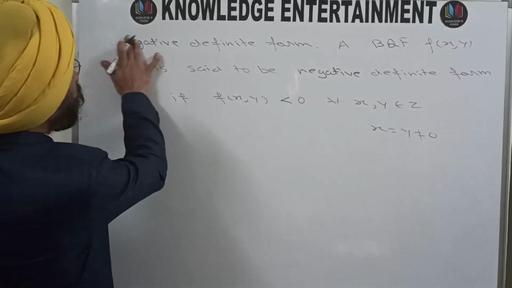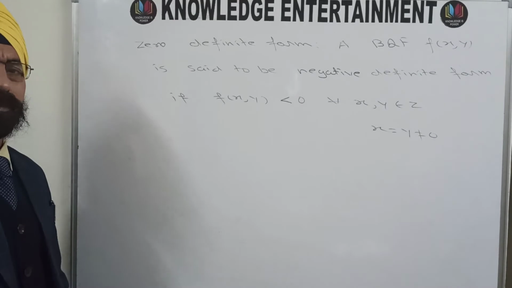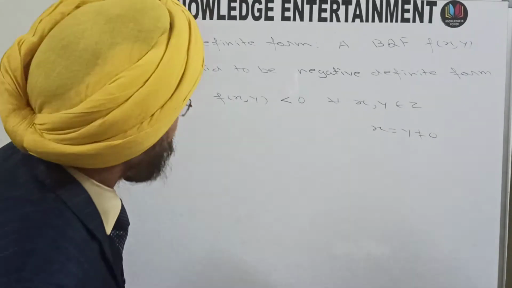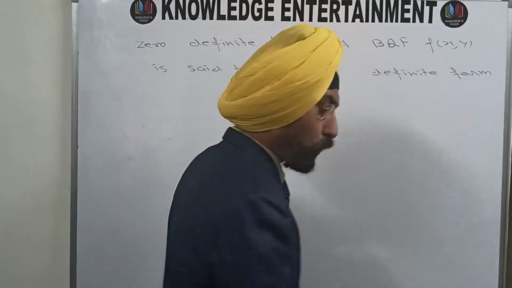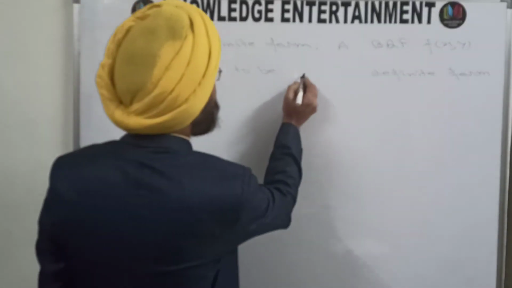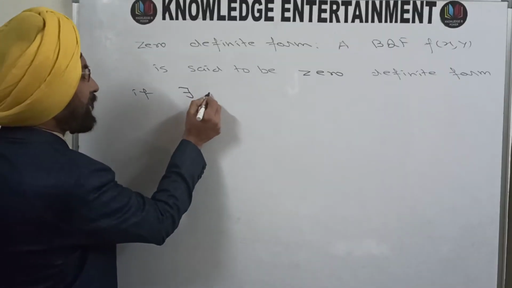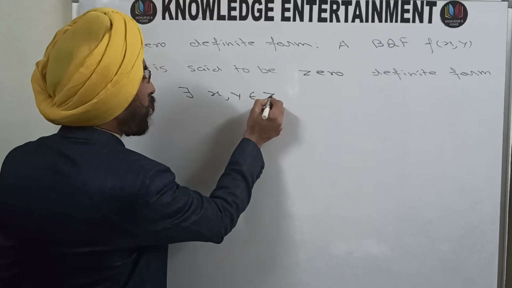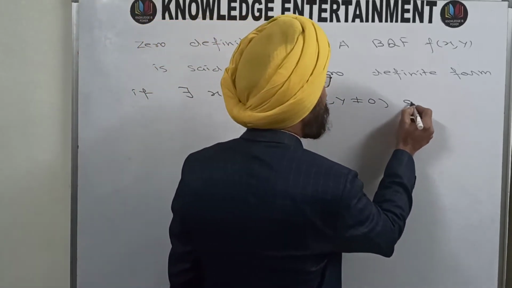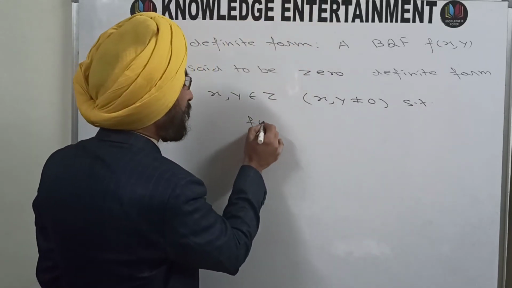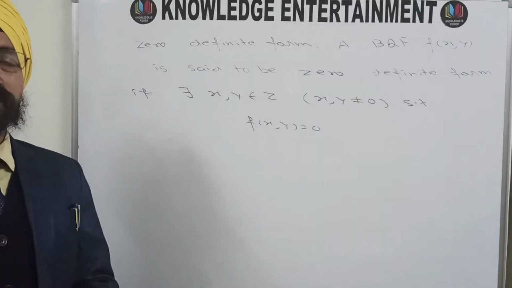And the third important binary quadratic form is zero definite form. A binary quadratic form f(x,y) is said to be zero definite form if there exist x, y belonging to Z, again x, y both not 0, such that f(x,y) = 0.